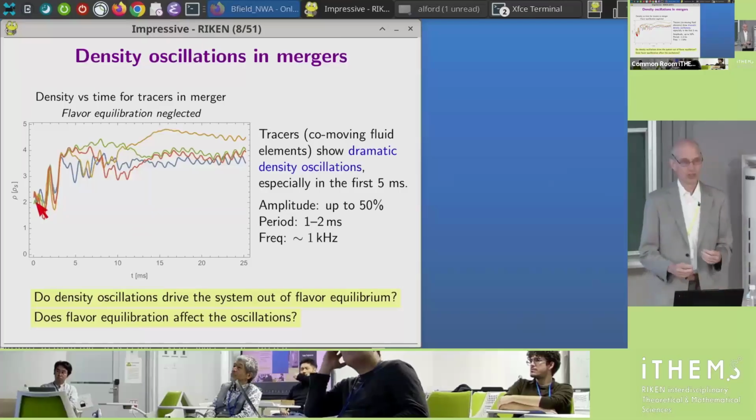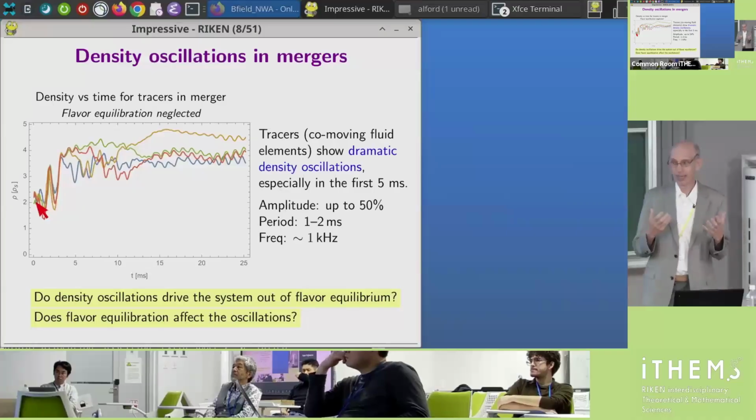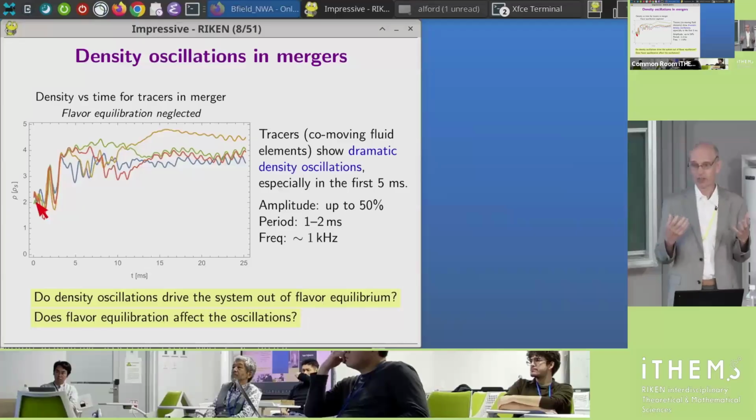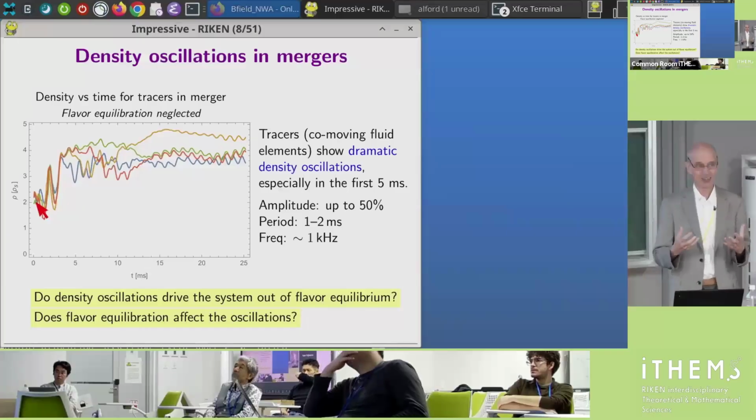The simulators chose some fluid elements and tracked them through time as they experience this violent event: the neutron star they were in, sitting quietly, minding its own business, suddenly gets smashed by another neutron star.